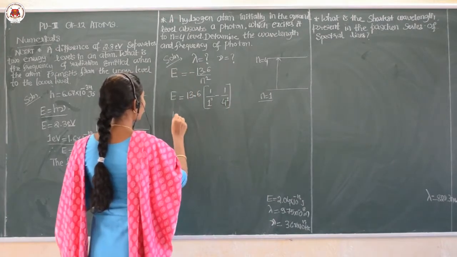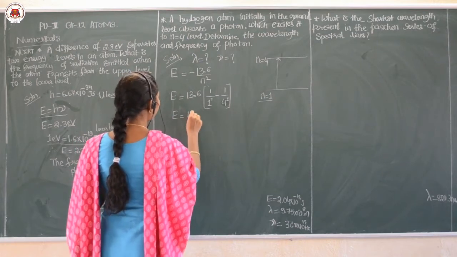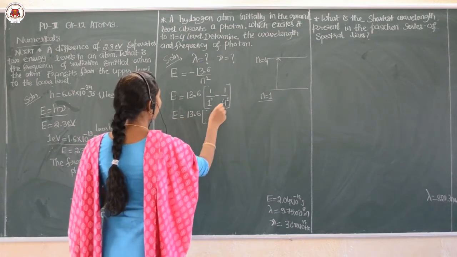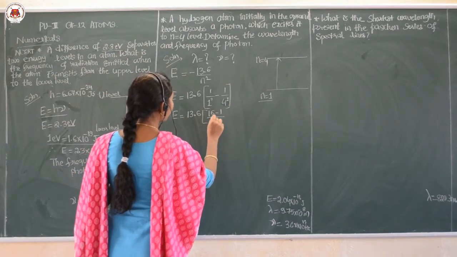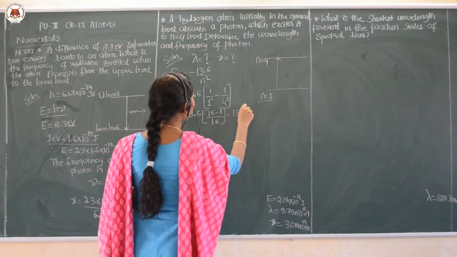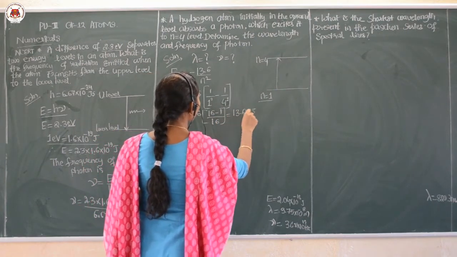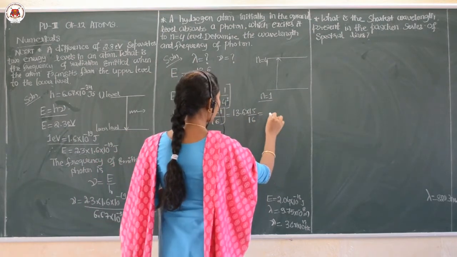If you substitute and simplify, 13.6 into, here 4 square means 16, minus 1 upon, that is again 16 only. That will be 13.6 into 15 by 16. Then when you simplify this, you will get the answer.